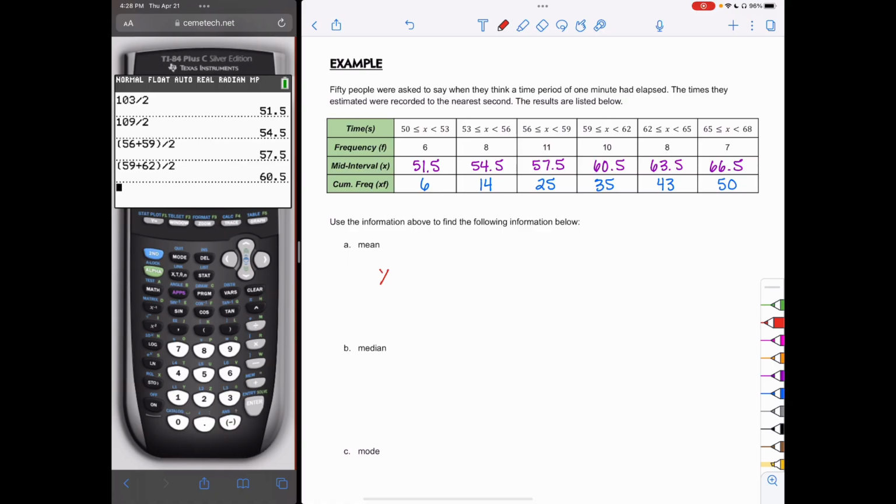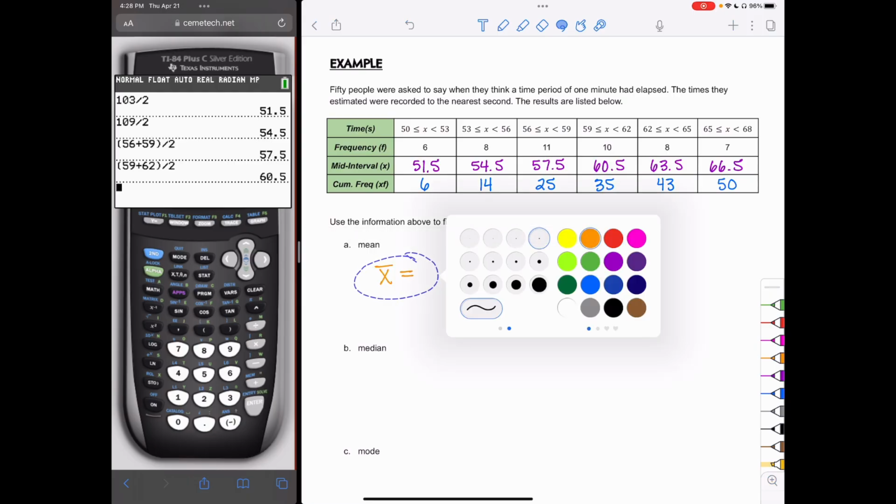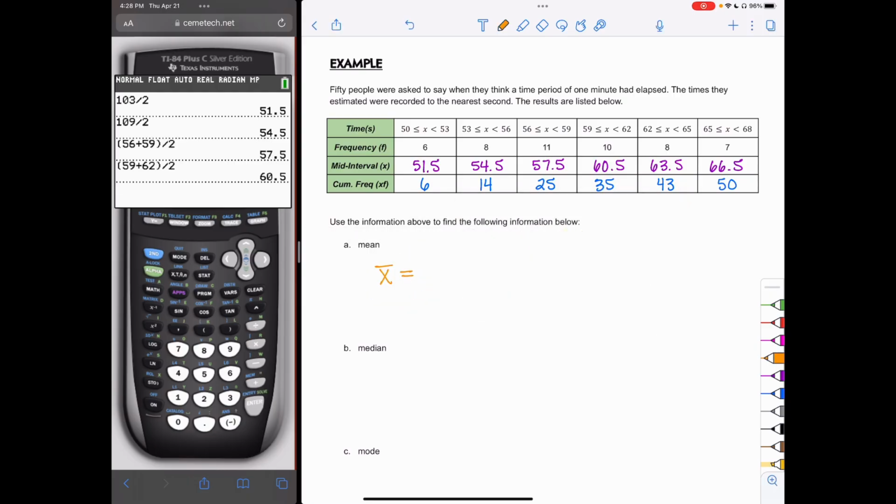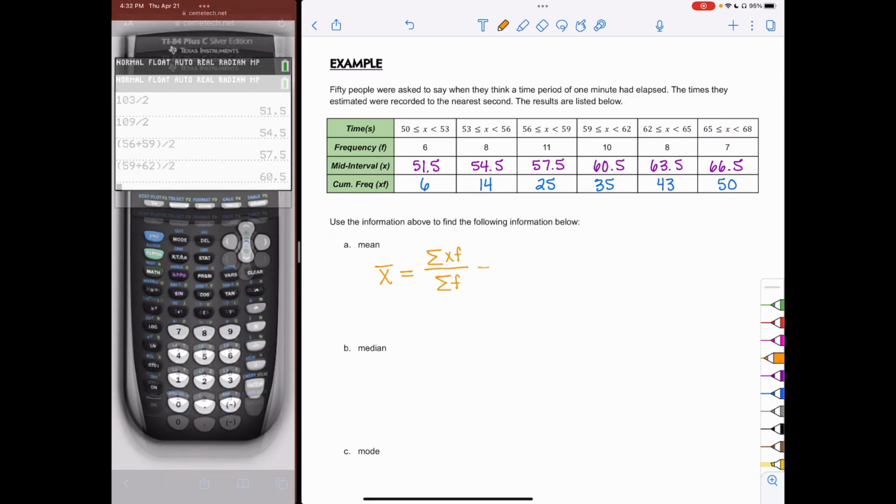Remember, the mean is the sum of the values, and then we're going to divide it by the sum of our frequencies.